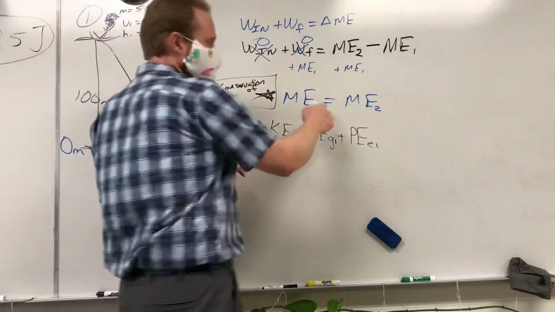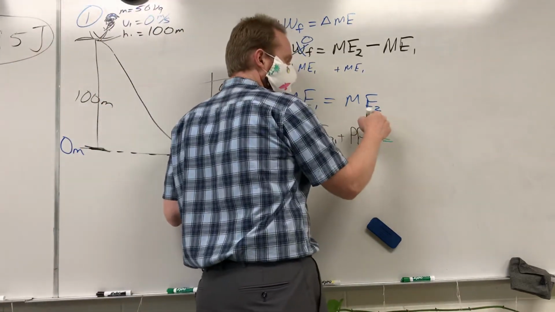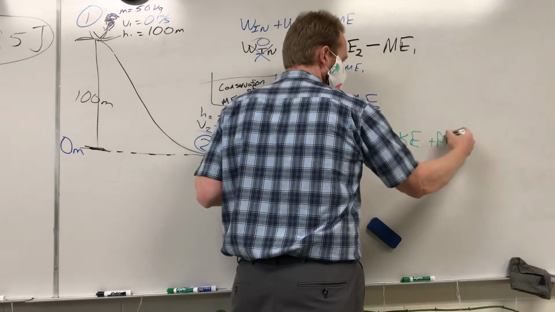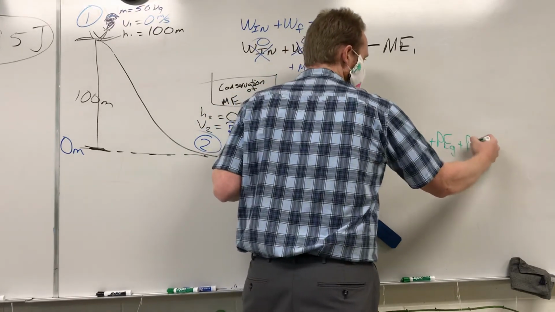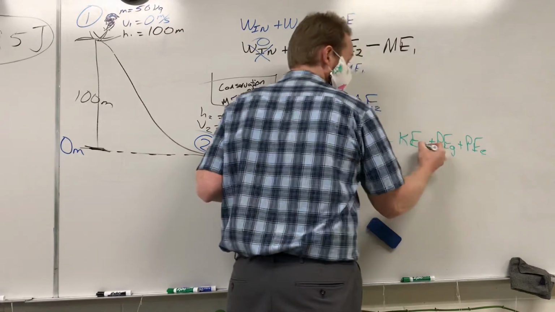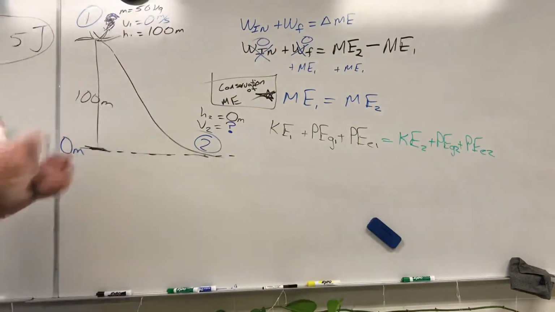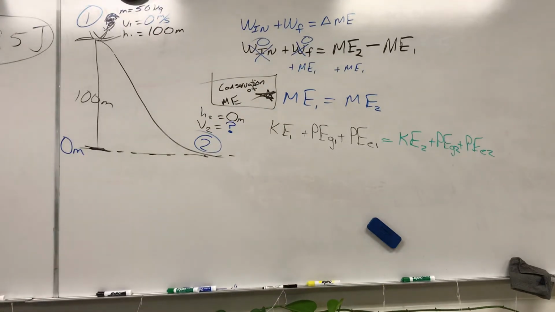And we set that equal to ME2, which is when we take our kinetic energy, our gravitational potential energy, and our elastic potential energy at location 2, 2, and 2, and we add those things together. This looks like a pretty long equation. But we can get rid of a lot of it.